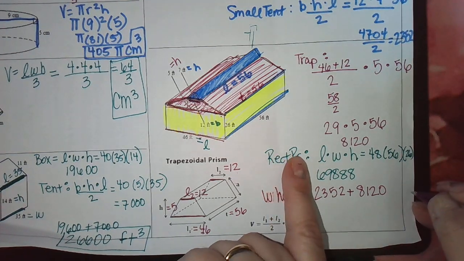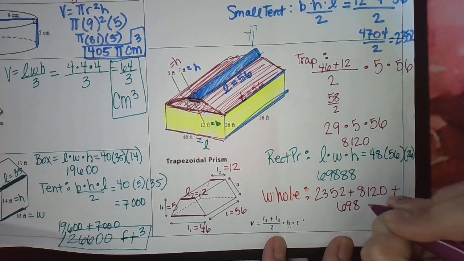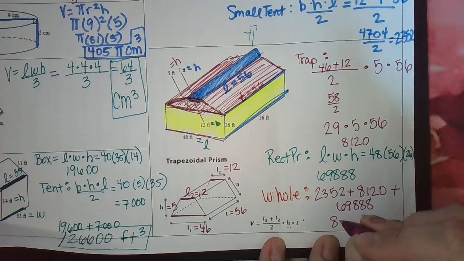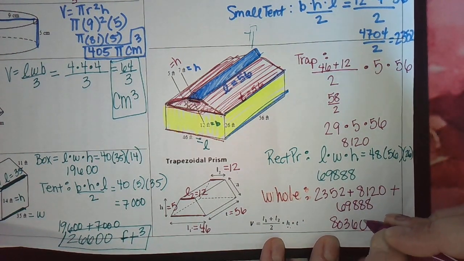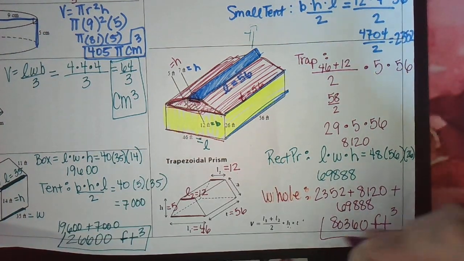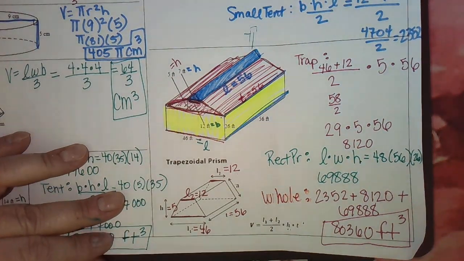From the rectangular prism, we're going to add 69888. And let's see what we get. I got 80360 feet, and we're cubed because we're 3-dimensional. Woohoo! Done with our notes.